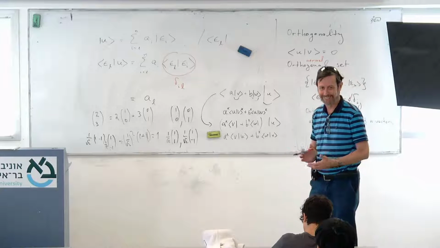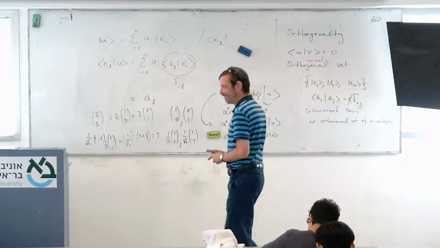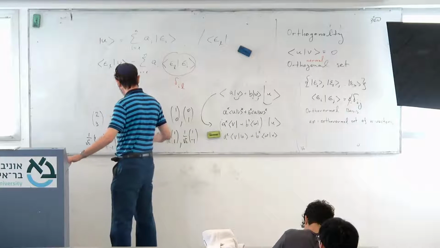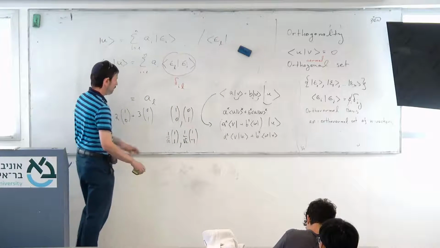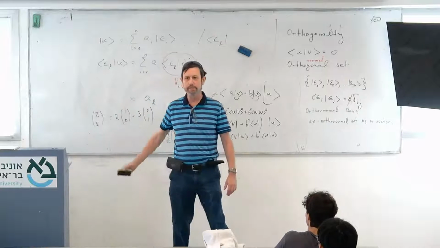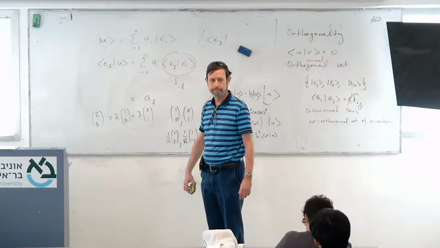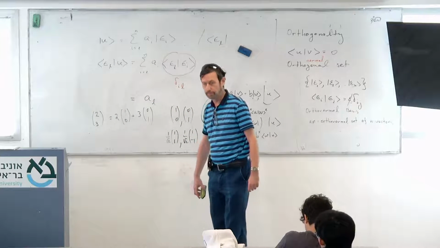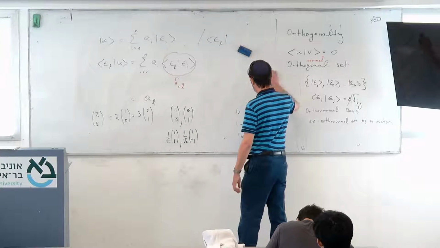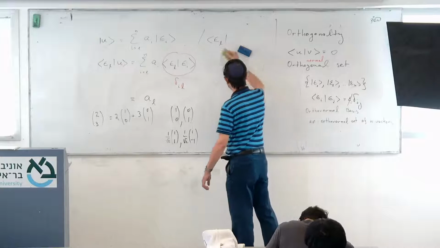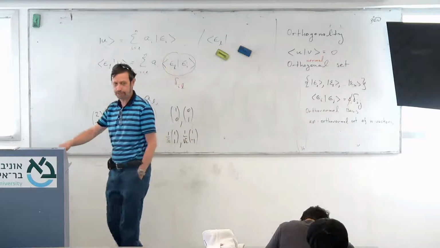Okay, so I want to write my vector in this space. How do I do it? What do I want to write actually?